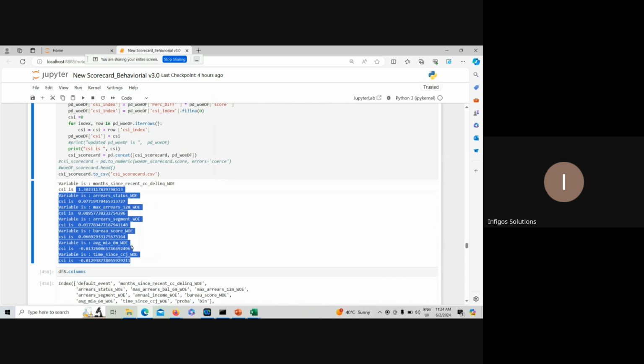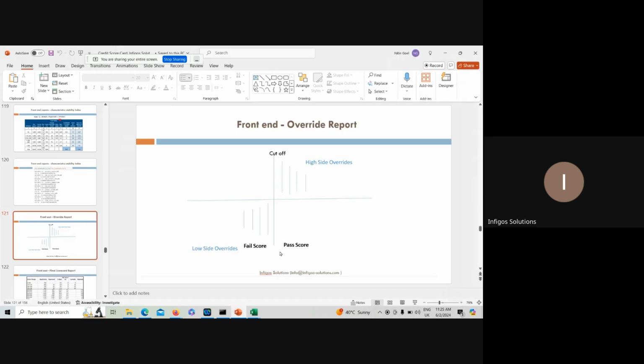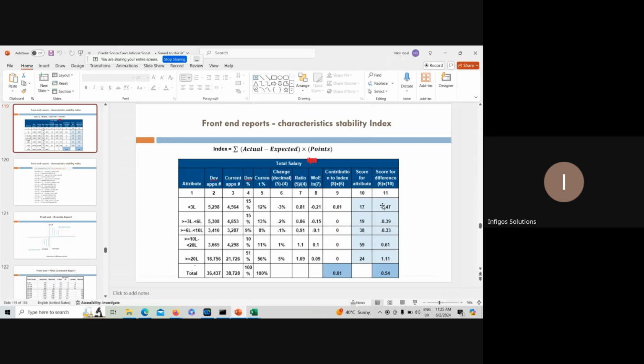As far as index is concerned, it should not be over 0.25, but points will be subject to PDO, score, and log odds value. So based on that, you will decide the cutoff for the PDO for this particular point. So I was talking about these are points, these are index.